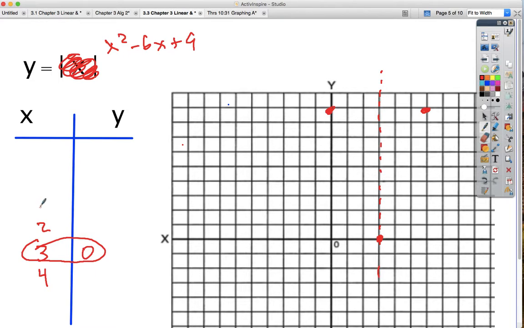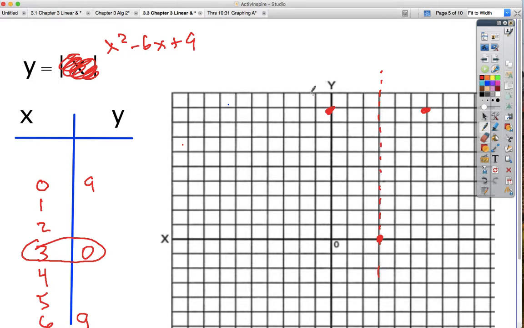And then I'm going to back up to 1 and then 5. 1 and 5 should have the same y value. And then 0. I know 0 gives me 9. Okay? That means that 6 is the corresponding x value that also gives me 9. Let's check that out. 1, 2, 3, 4, 5, 6. And yes, it is 6.